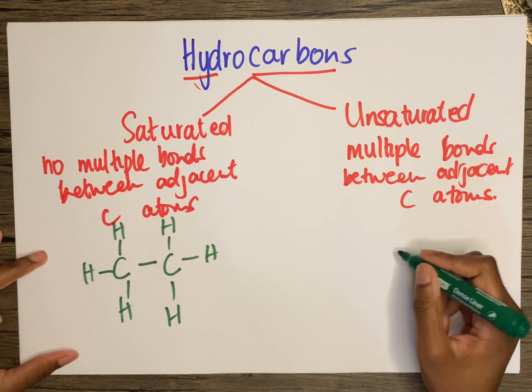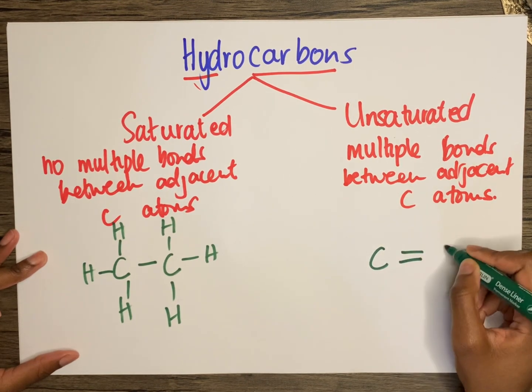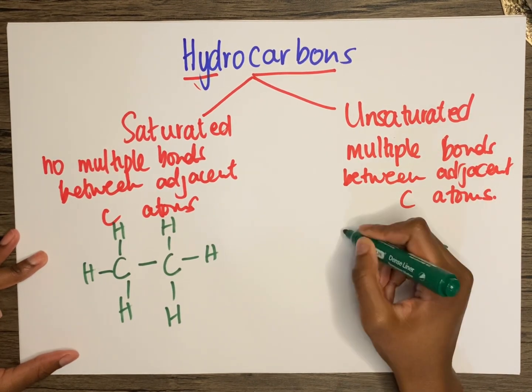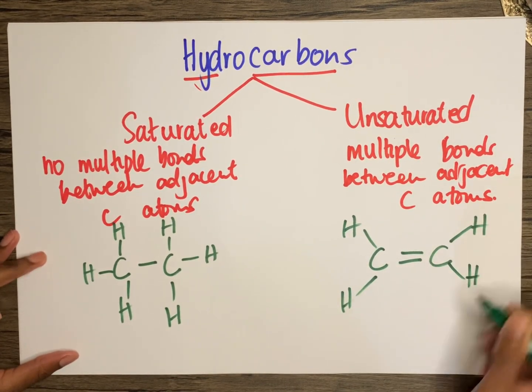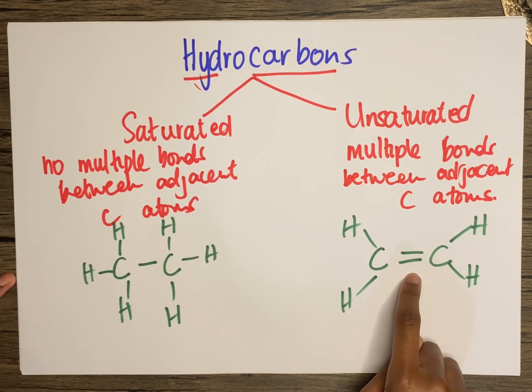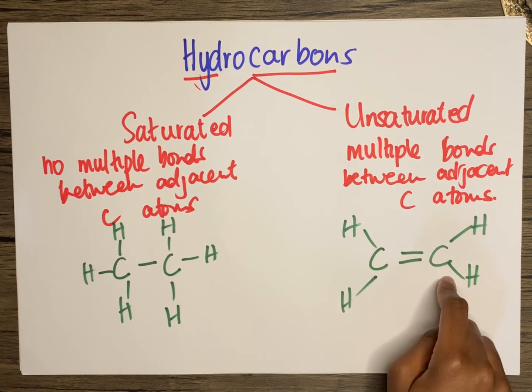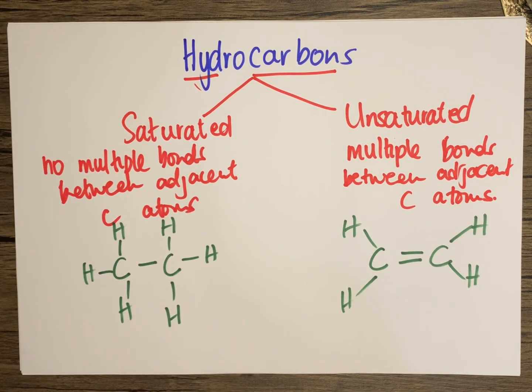If I was to speak of an unsaturated hydrocarbon, then I'd be referring to something like this. I'll get to the naming a bit later, right? There's now a double bond between the 2 carbon atoms. So this one we call unsaturated, this one we call saturated, right?